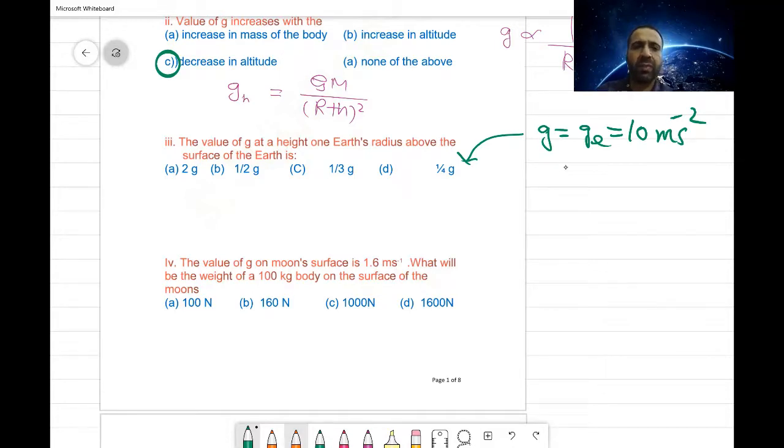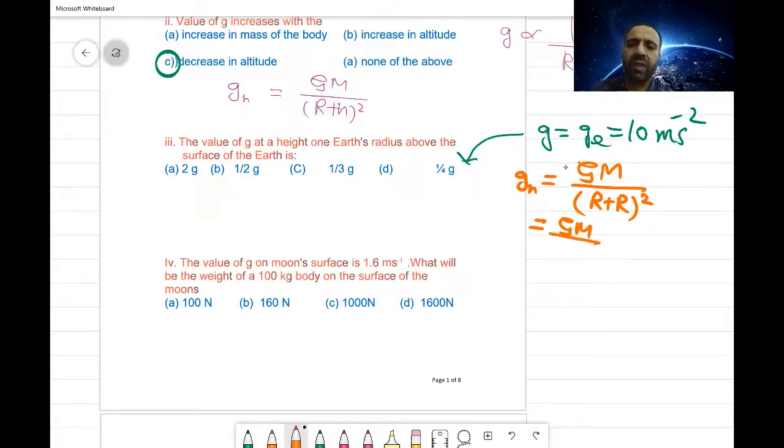Look, the same formula, you don't need to go too far. You just see, one radius of the earth, so g at that height, you put GM into (R plus R) whole square, because they are telling you that altitude is equal to one earth radius. So R plus R, of course it will be 2R, and it will become GM into 4R square.